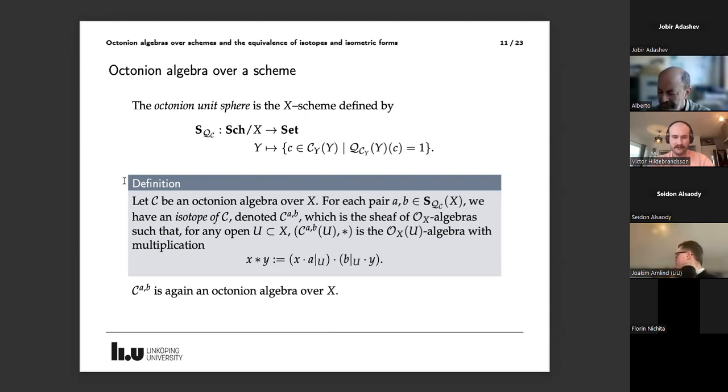An isotope of this, C_{A,B}, is the new sheaf of algebras, such that for any open set we have this new octonion algebra, which, similarly to the ring case, has the same underlying module as C, but with this new multiplication, where we multiply some elements in the algebra first with the restriction of A and the restriction of B, and then together. And this will again be an octonion algebra.